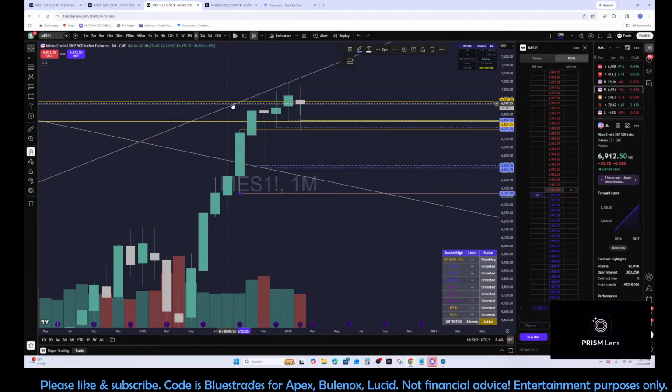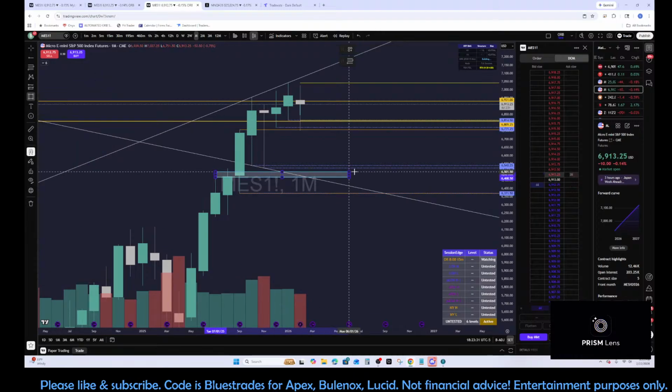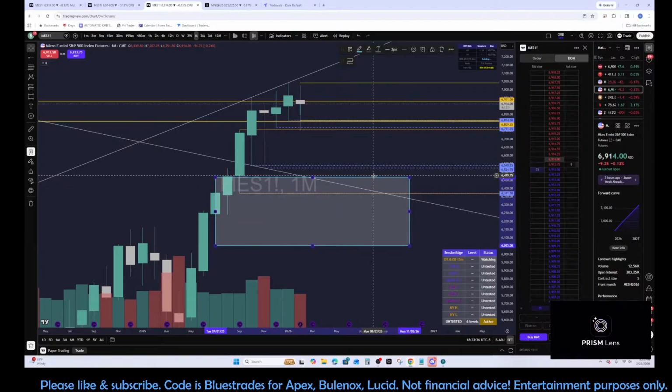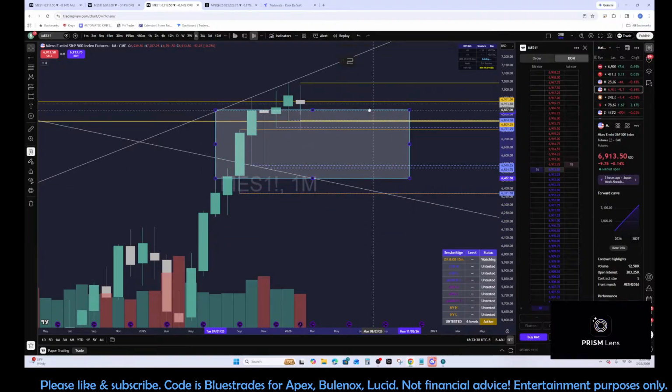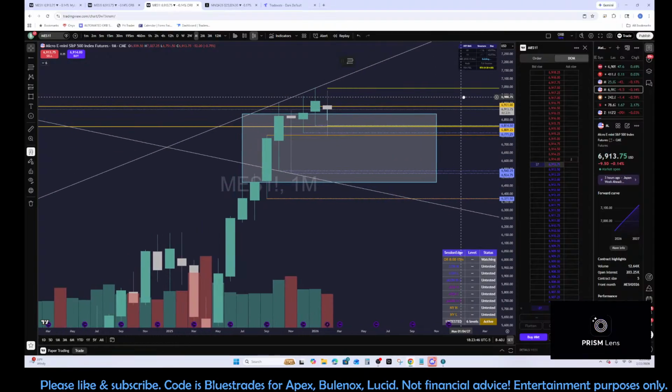We have way more inventory, right? If you want to look at it from a market auction theory perspective, we have way more inventory below us. We have more inventory right here in all this section than we do up here. That's just simple math.